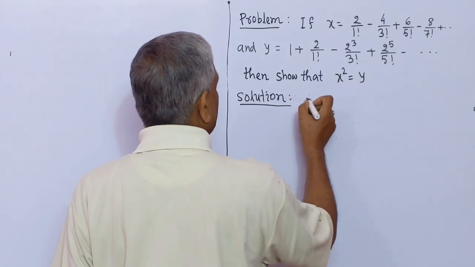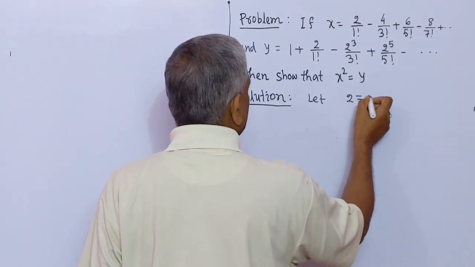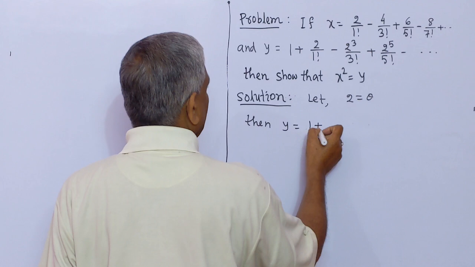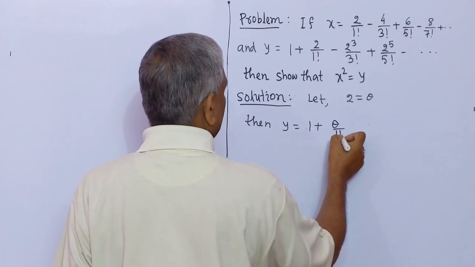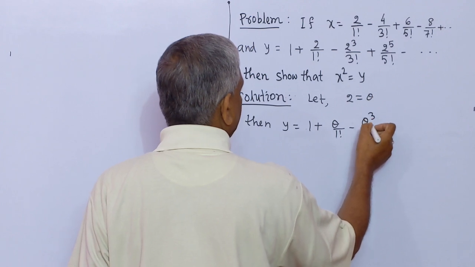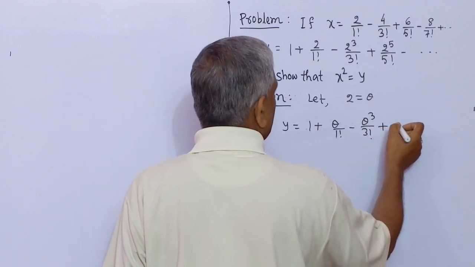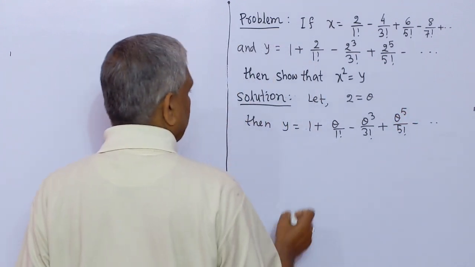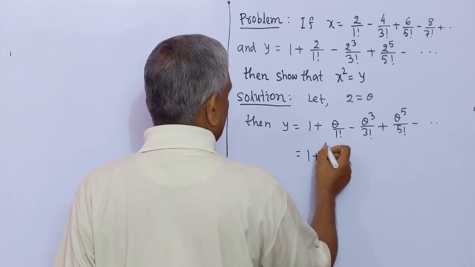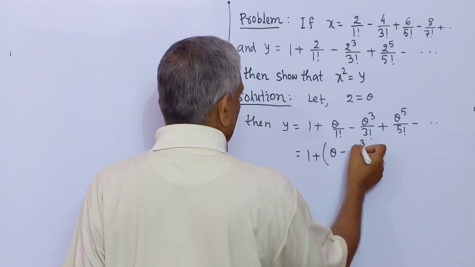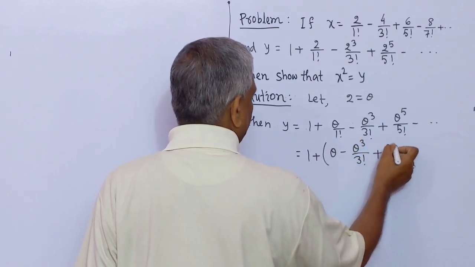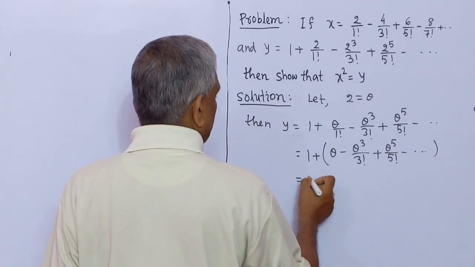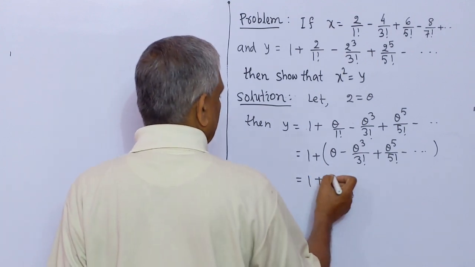Now we solve this. Let 2 equal theta. Then y equals 1 plus theta by factorial 1 minus theta cube by factorial 3 plus theta to the power 5 by factorial 5 minus dot dot dot, and this is equal to 1 plus, under bracket, theta minus theta cube by factorial 3 plus theta to the power 5 by factorial 5 minus dot dot dot, and the term under bracket will be sine theta.